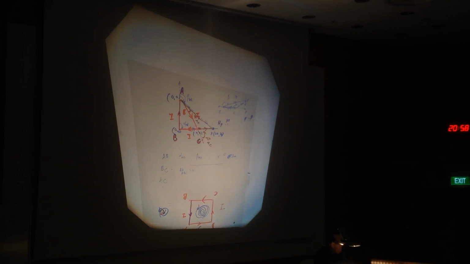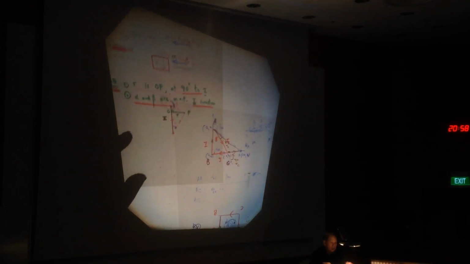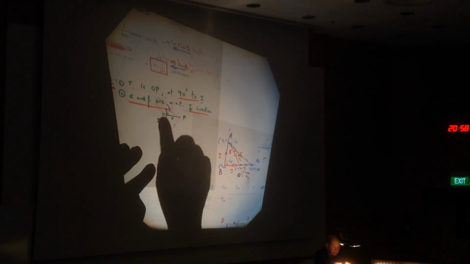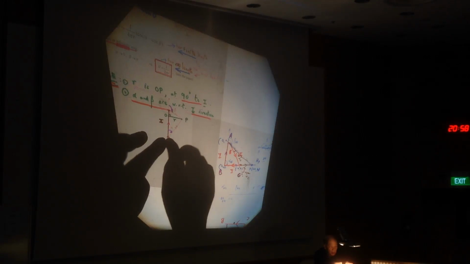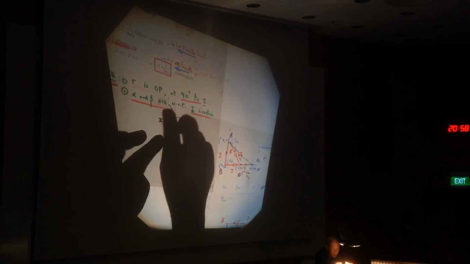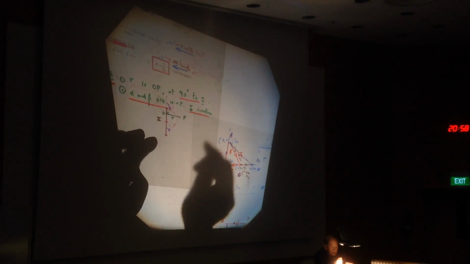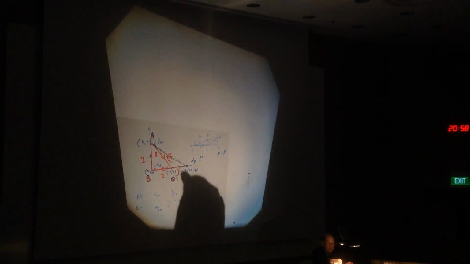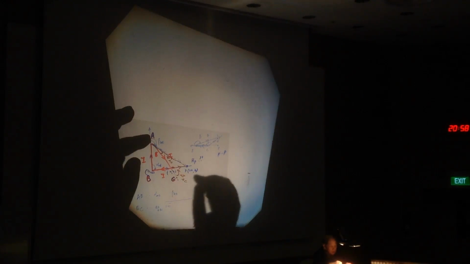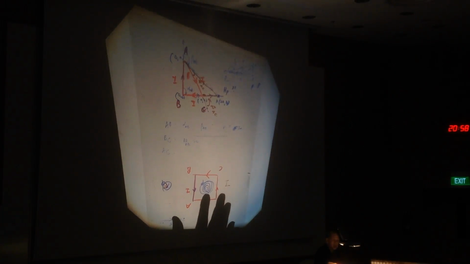So the rule is that you must make sure that you measure the angle with the current, with the diagonal current, and the edge here. Draw a line to the point P, and this one, draw a line to the point P, and you find the angles. In this particular case here, for C, you can find R perpendicular using trigonometry. So the rest, I leave it to you.